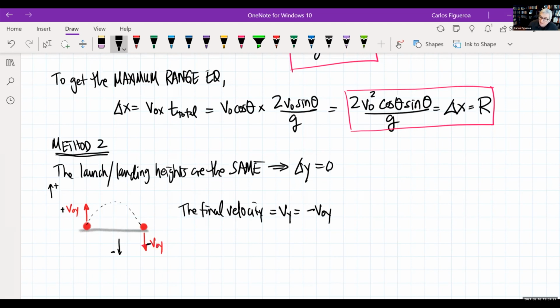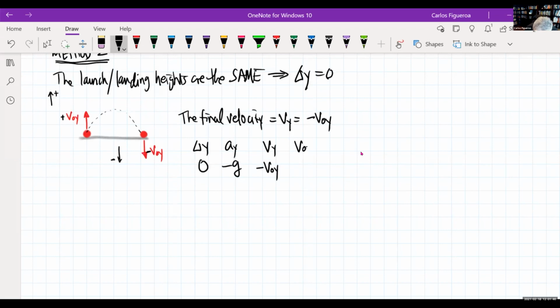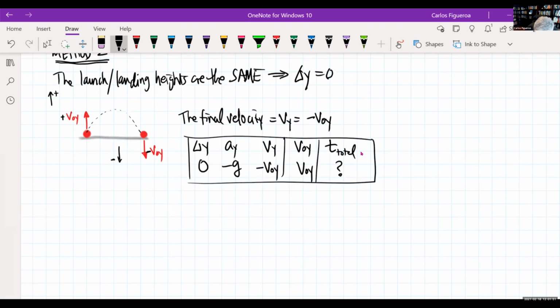So now if I come back into my OneNote here, what I want to show you is that if I set up a table, that is 0. And of course, my a_y is minus g, but now v_y has to be minus v initial y. My initial y, of course, is v initial y. And now this thing represents the total time in the air, right? So I'm going to take advantage of that 0 here.